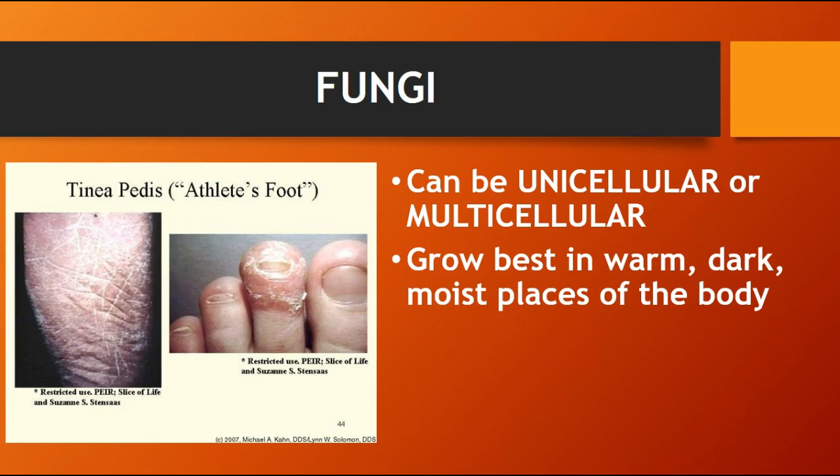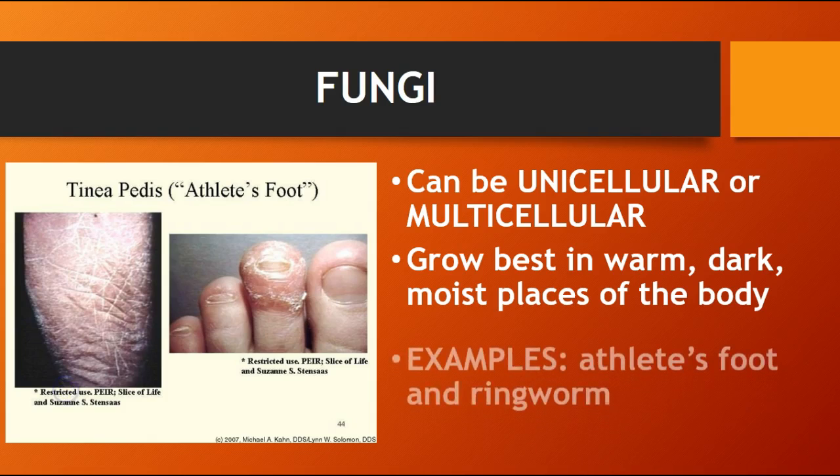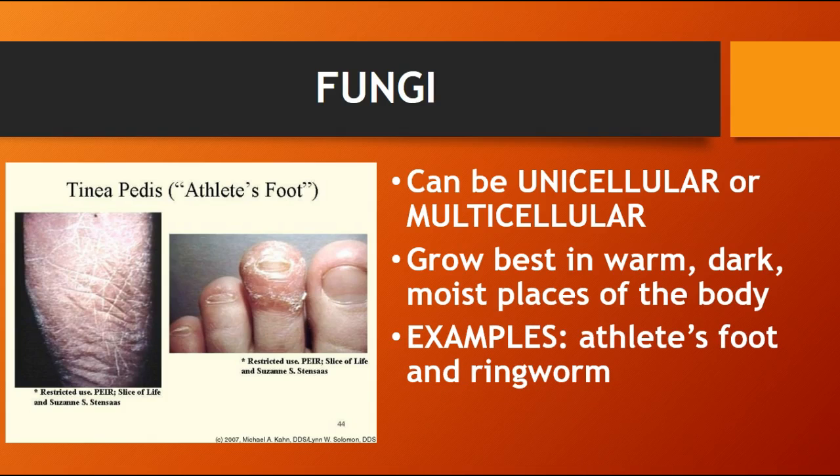It usually infects skin. So on your feet, in folds and creases of your body, under your arms, in your hairline, where it's dark, warm and moist. So some examples would be athlete's foot, which is a fungal infection of the feet. And then also ringworm. Ringworm is a fungal infection on the skin.